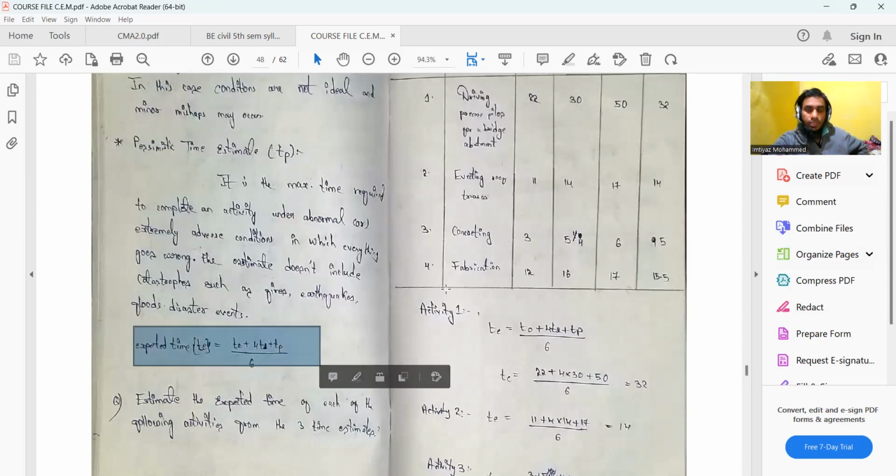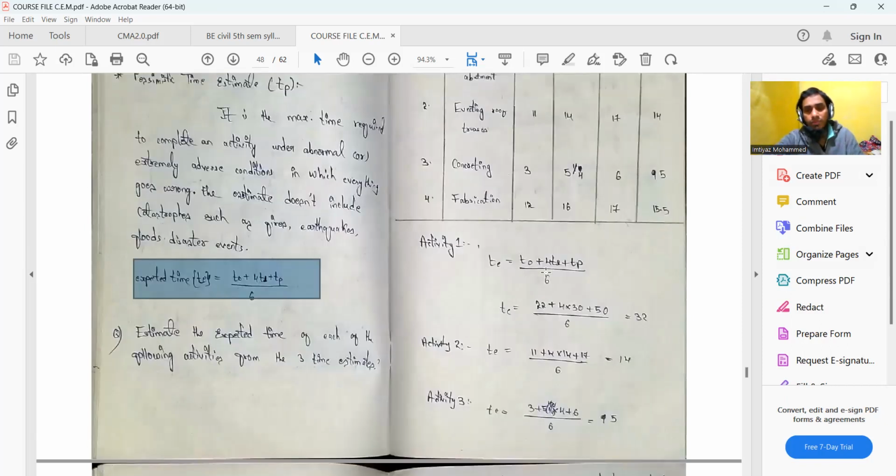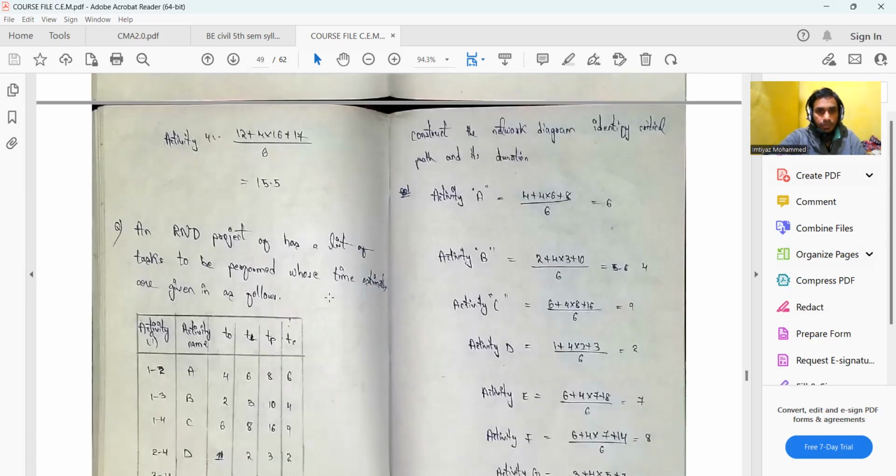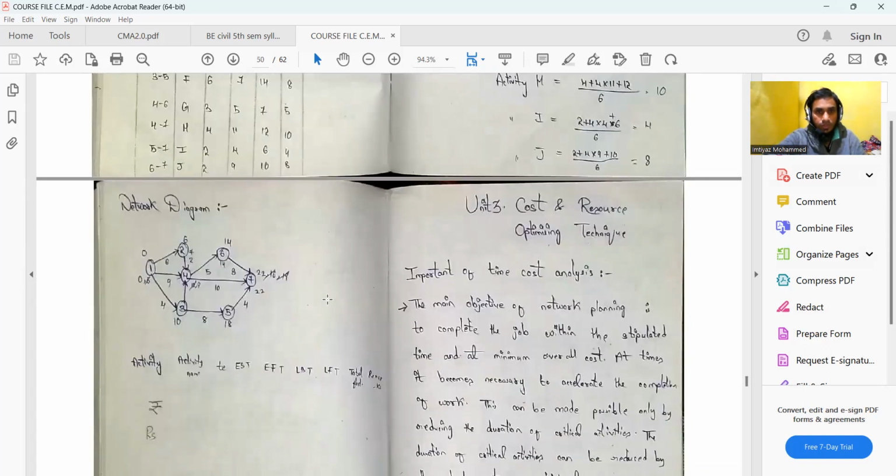The basic difference between the problems of PERT and CPM is that in PERT you need to find out the expected time using the formula, since you already have data about TO, TM, and TP. But in CPM you have the single time estimate which can be used. Once you get the expected time in PERT, the remaining problem is the same as the critical path method problem.